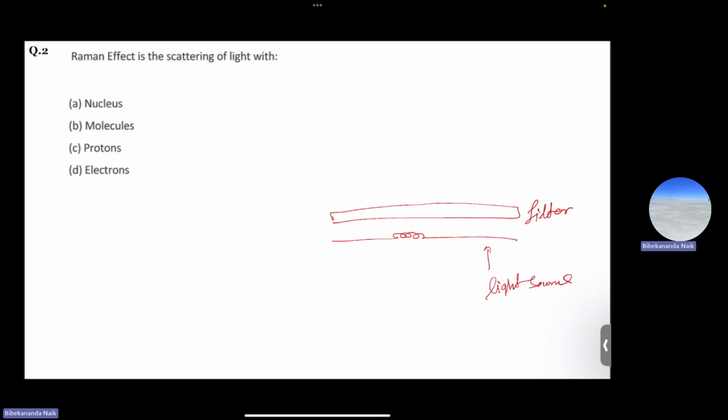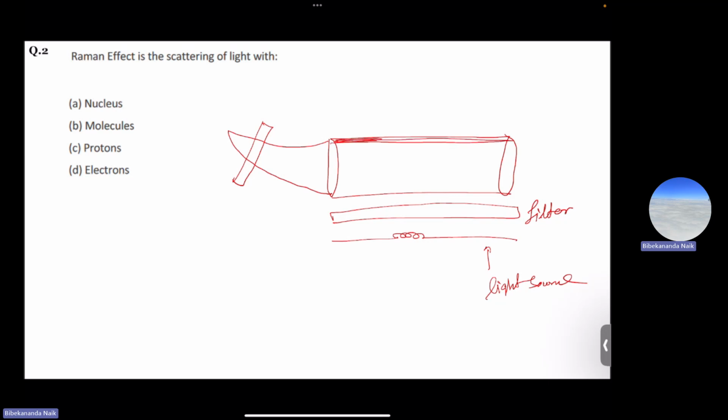Then there is a Raman tube. At the wall of the Raman tube, running cold water is provided in order to cool the tube, which will avoid the breaking of the tube due to the light.